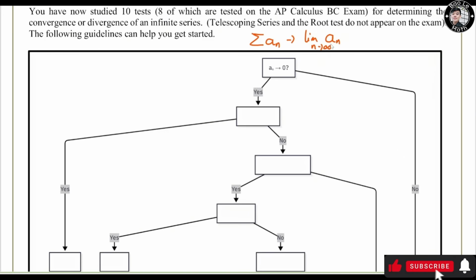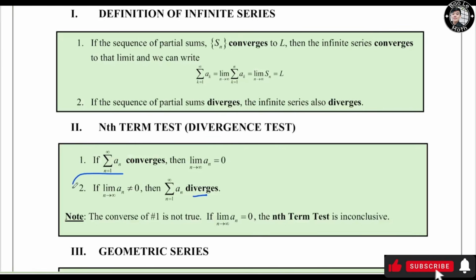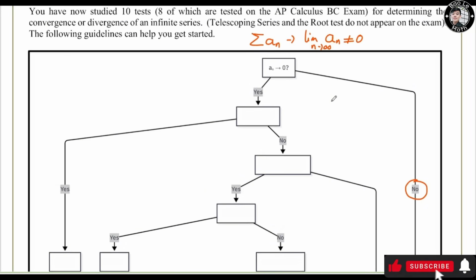If the limit of this series is not equal to 0, so you have this case right here, then the series diverges by the n-th term test, or divergence test. Right?